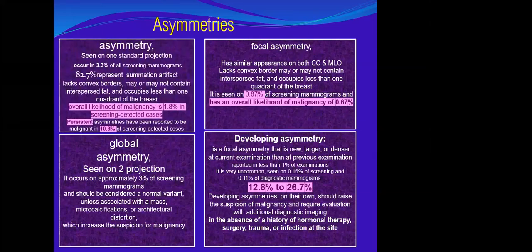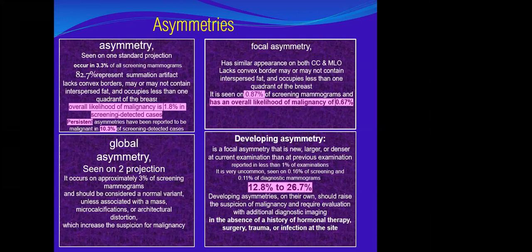And the asymmetry is relatively the commonest type of asymmetry, representing 3.3% of all screening mammography. And as we mentioned, 80% or more represent just summation artifacts, while the likelihood of malignancy is only 1.8% in screening detected cases.